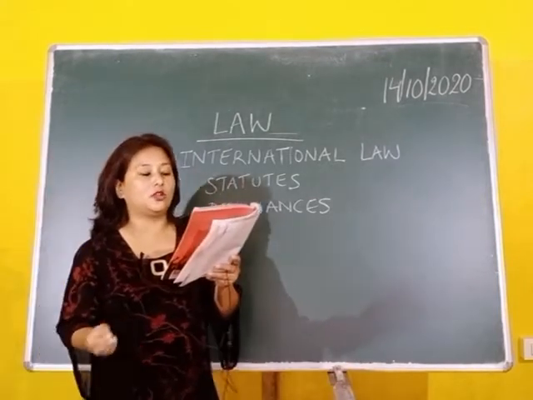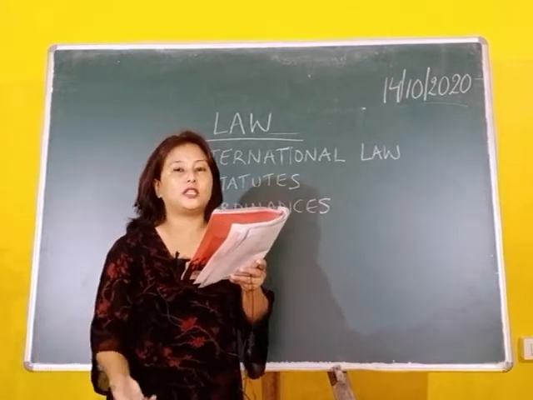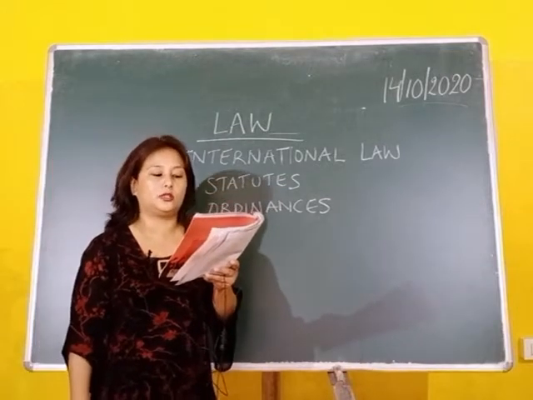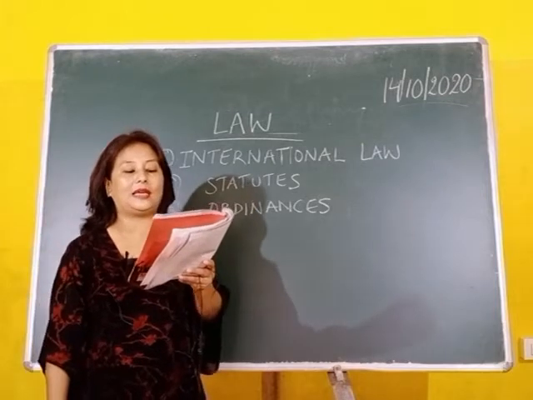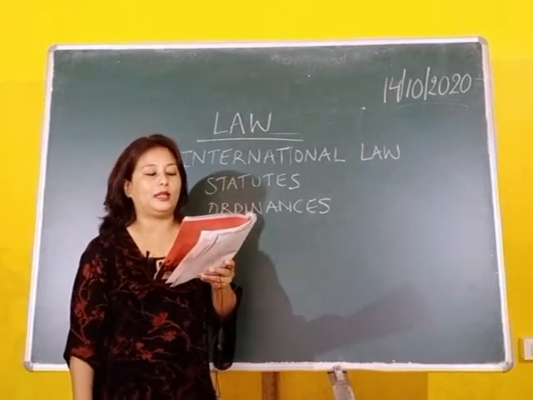You can also say that, according to this law, it is a body of customary and conventional rules and regulations which are considered legally binding by the civilized states in their interaction with one another.